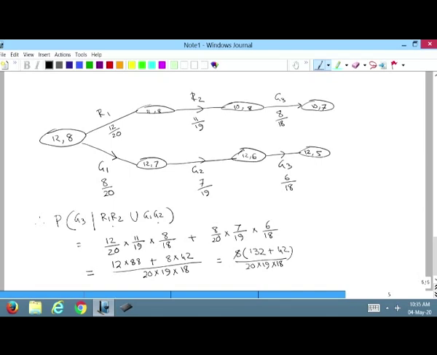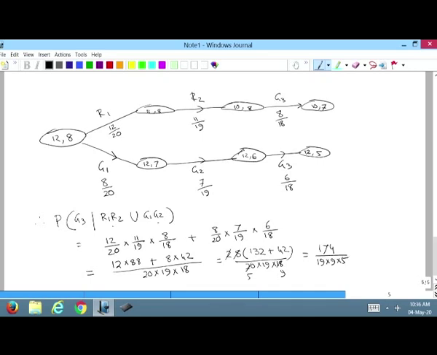We can cancel this by 4, therefore, we have 2 and 5, and this I cancel with this, which is 9. Therefore, we have 174 upon 19 into 9 into 5.